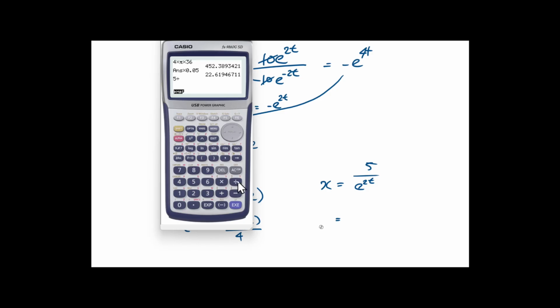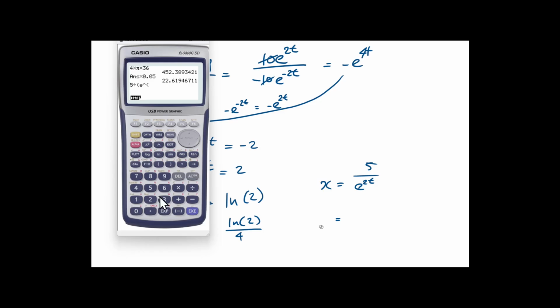So I'm just going to put that in. So 5 divided by e to the 2 times brackets natural log of 2 divided by 4.